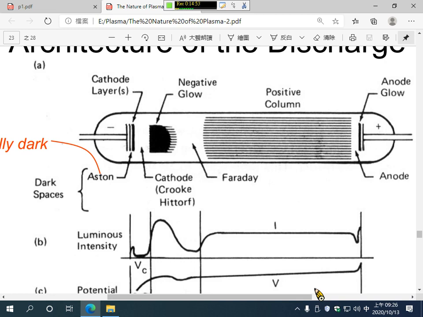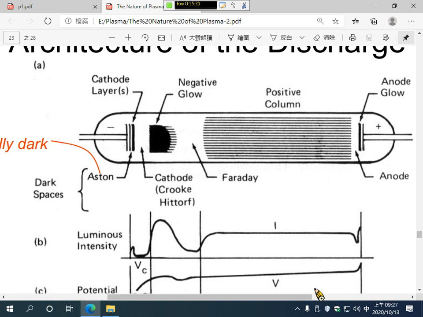So this part is the negative glow. The primary electron collides with the neutral atom and ionizes it. Or when a primary electron collides with neutral atoms at ground state, it can excite them to a higher excited state, and they return back by relaxation or recombination and emit light in the negative glow region.